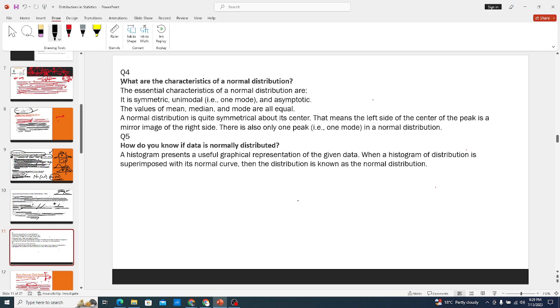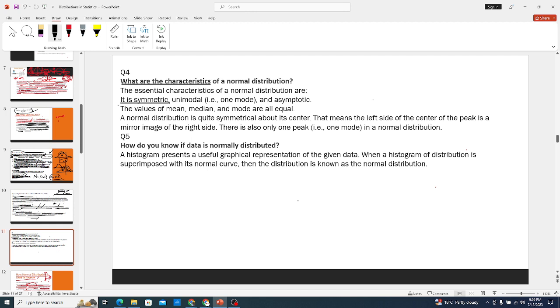Then we have characteristics of the normal distribution. I guess we've already discussed all this. It's all about the properties of a normal distribution. On the properties, we are saying that it is symmetric, or unimodal.